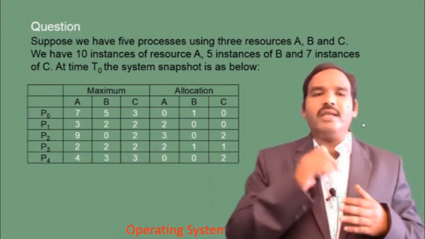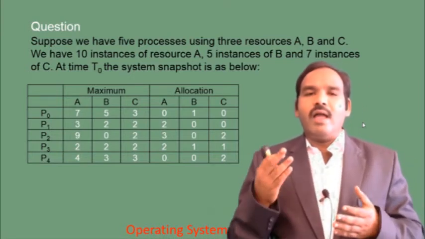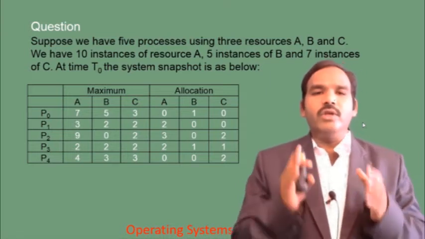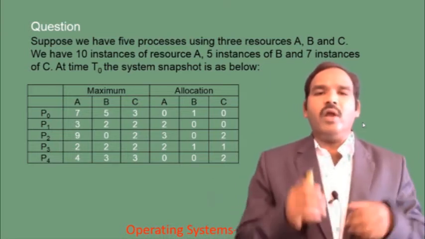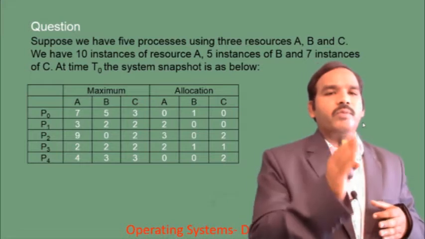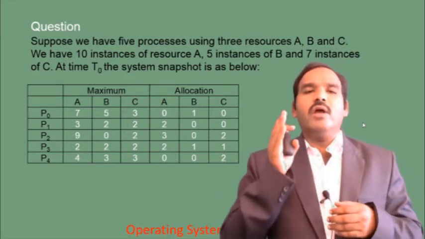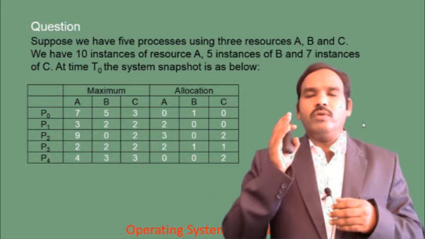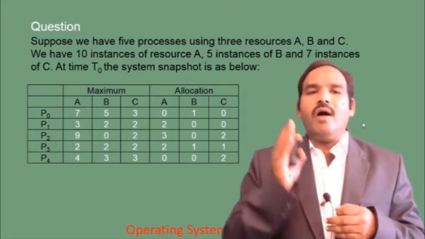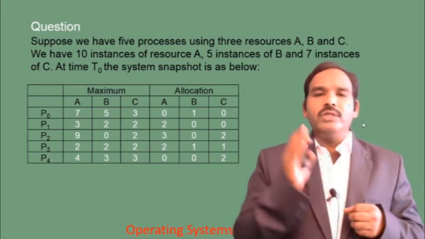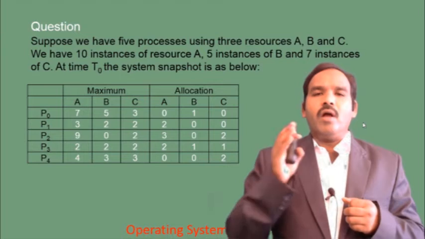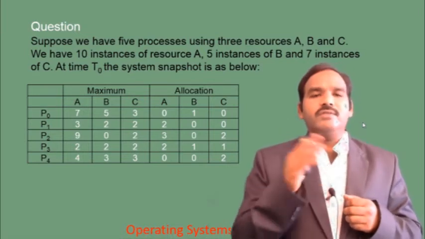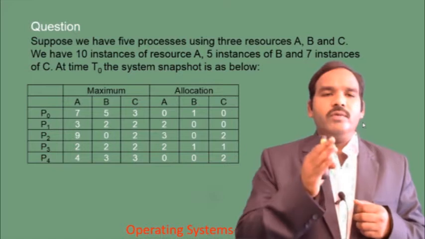Coming to the allocation, what are the resources allocated to the processes? 0 A's are allocated to P0, 1 B is allocated to P0 and 0 C's are allocated to P0. Similarly, 2 instances of A are allocated to P1, 0 instances of B and 0 instances of C are allocated to P1.